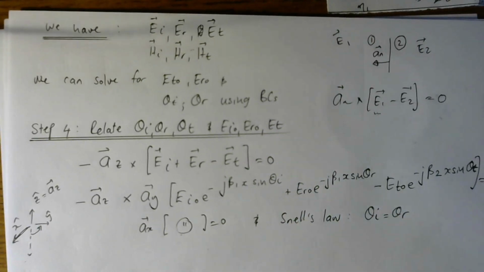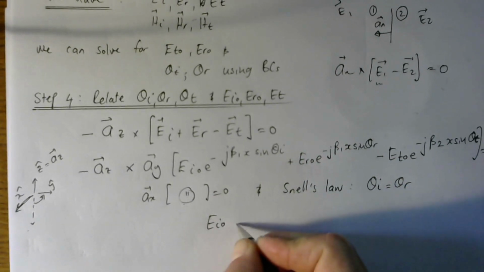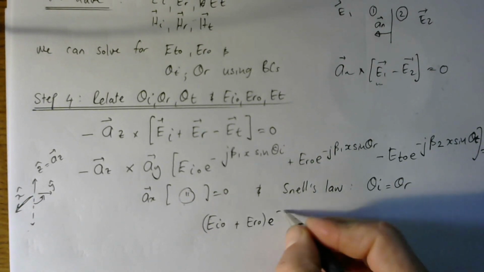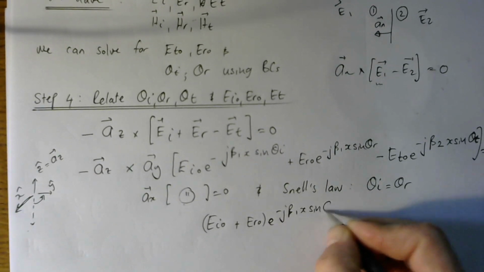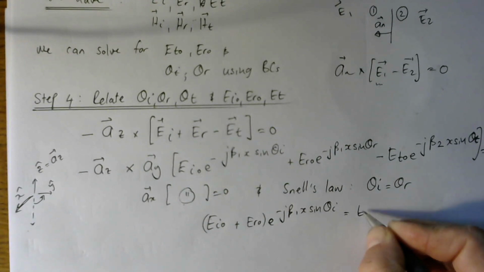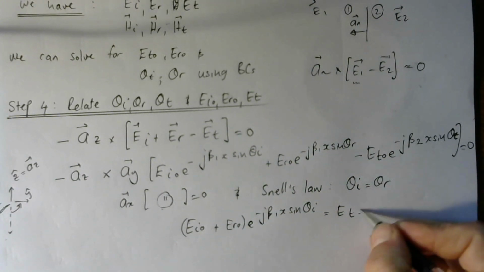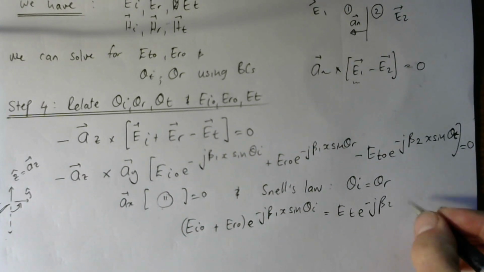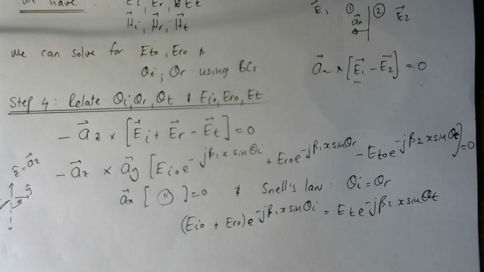We can write this is equal to EI0 plus ER0 e to the minus j beta 1 x sine theta I, I just take that to the other side of the equal sign here. It's equal to ET0 e to the minus j beta 2 x sine theta t, that's an angle theta t.